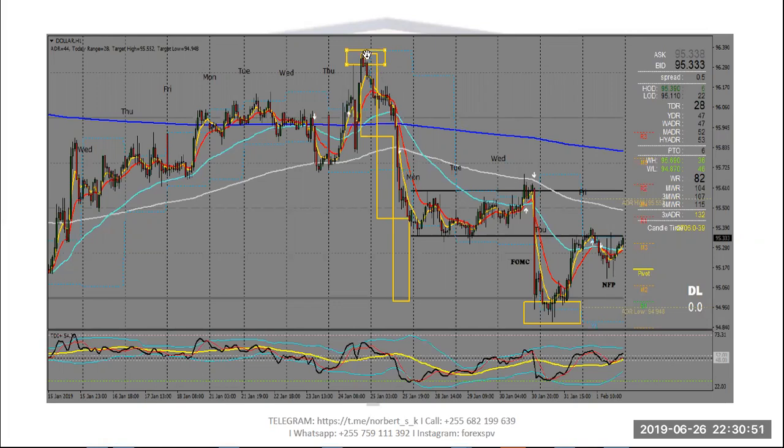I knew that this cycle was complete because of the ADR boxes and the number of days the dealer spent on this cycle, so I knew that the cycle now is complete. We expect a reversal here. The dealer usually uses news release, if the news is bad or if the news has come out good.